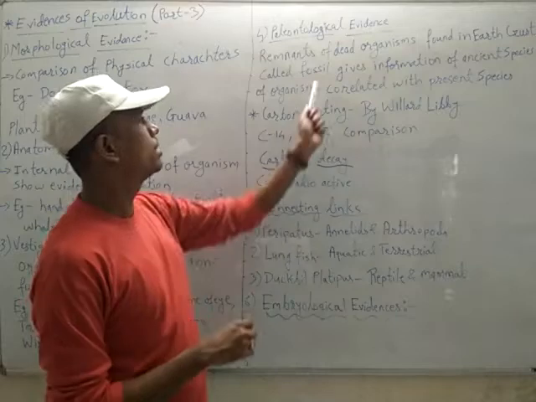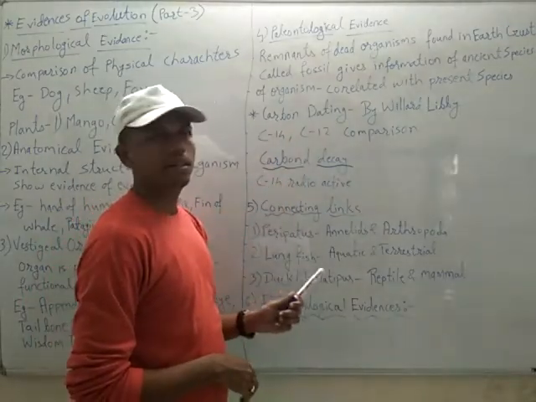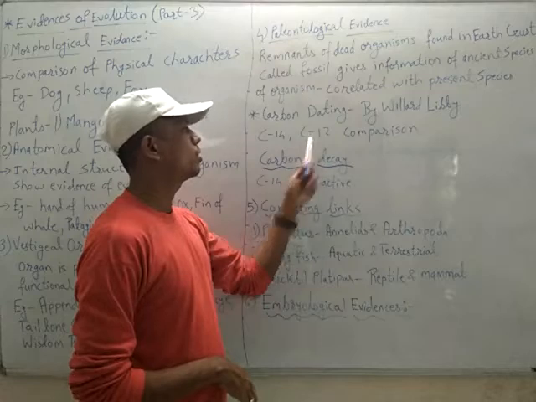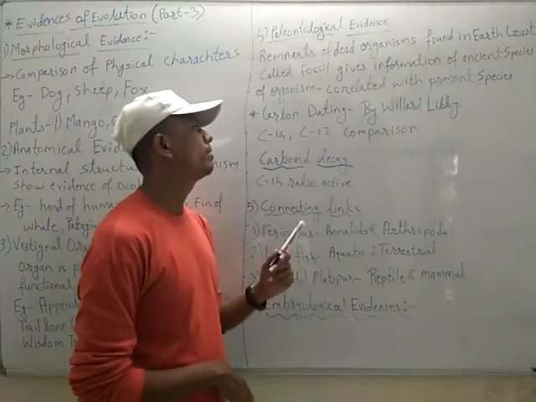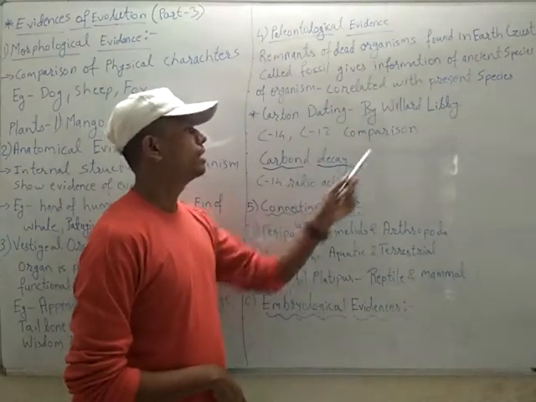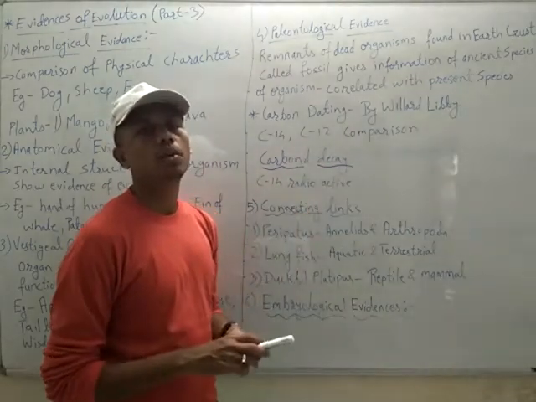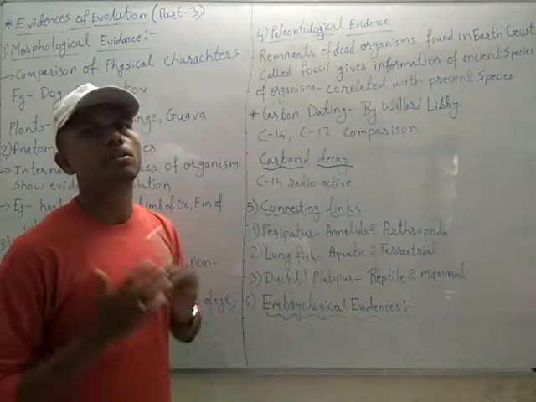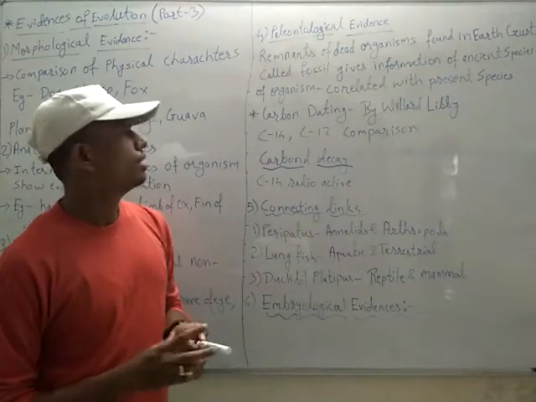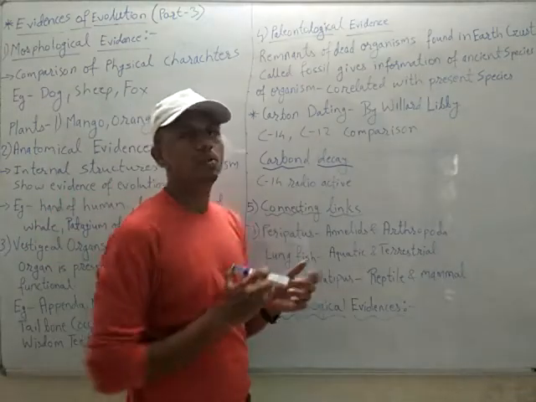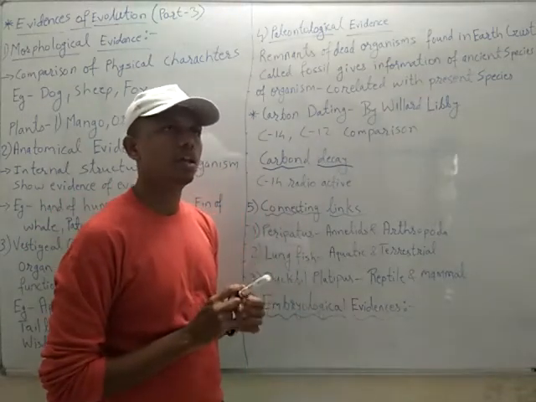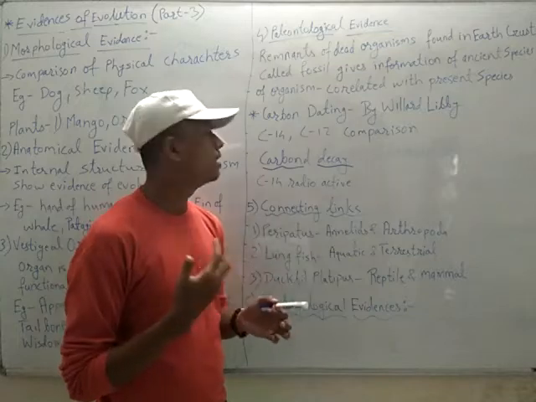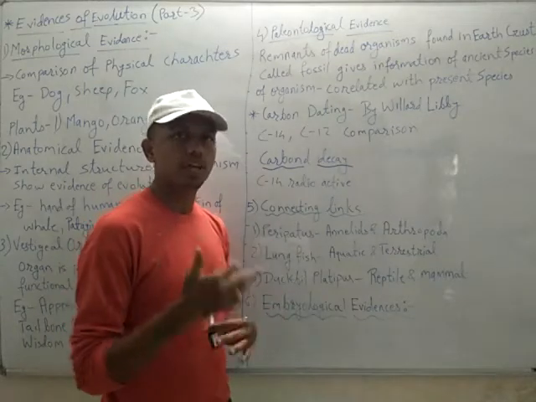And whenever a fossil is obtained, what is done? The concentration of C14 is compared with the concentration of C12, and this comparison gives information about how old the fossil is. It also gives a lot of information about the fossil, what kind of organism it is, how old it is, and in which era it was present.